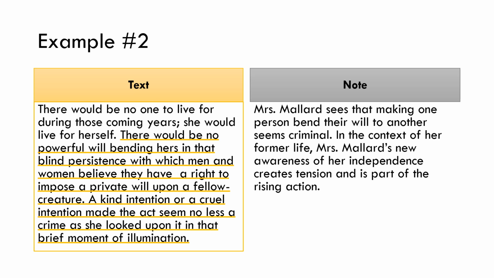He continues reading The Story of an Hour and identifies details that help him to analyze how characterization influences plot. The reader considers the character's thought process. He notes Mrs. Mallard's realization that the societal belief granting the powerful a right to impose their will on another human being is unjust.